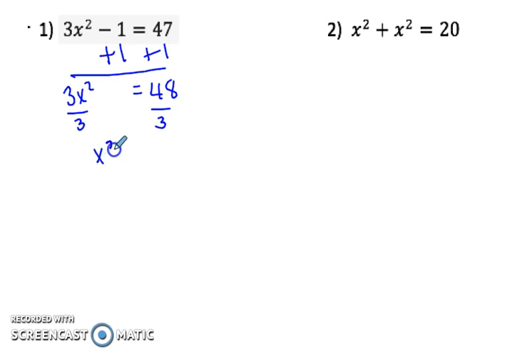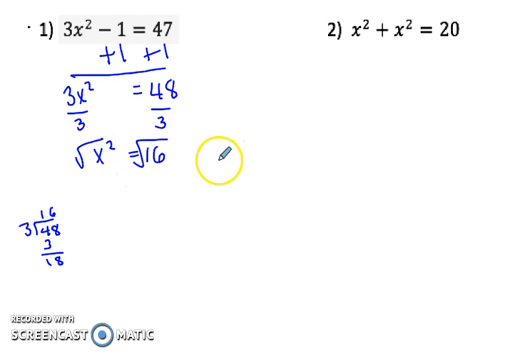And so I get that x squared is equal to, well, 3 goes into 48. 3 goes in one time, and then I get 18, and then 6. All right, cool. So that divides out to 16. That's great because I'm going to take the square root of both sides, and that square root is going to undo the square on x. So the square root of x squared, well, that just gives me x.